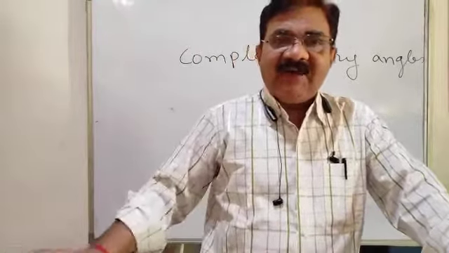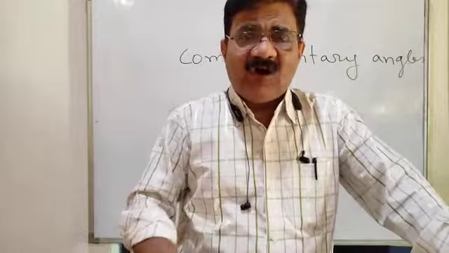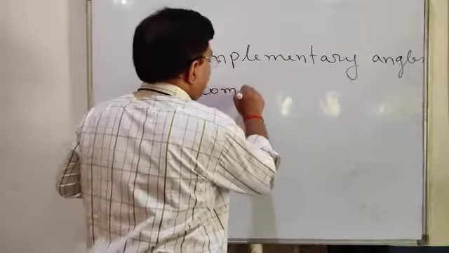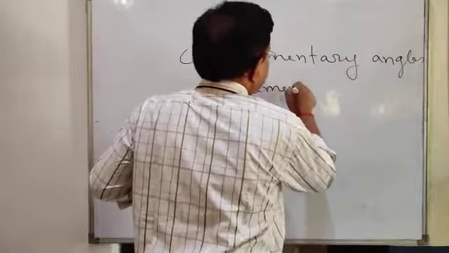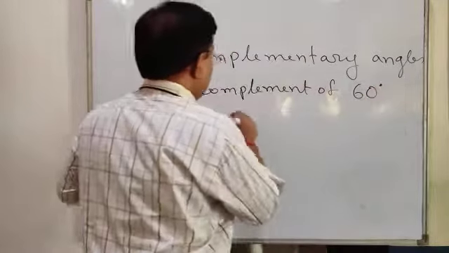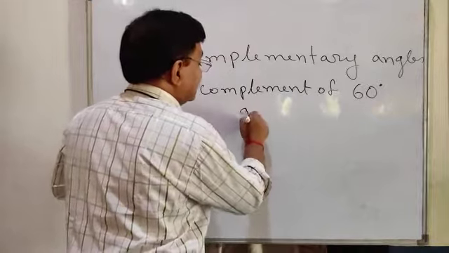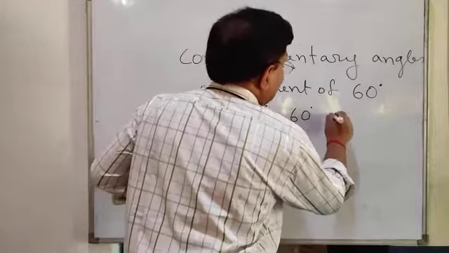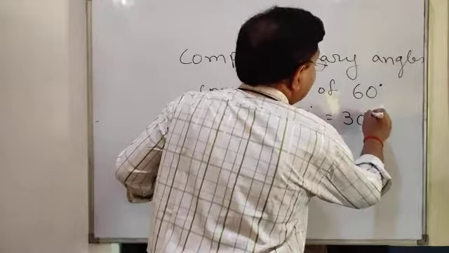If I ask you to find the complement of 60 degrees, just subtract: 90 degrees minus 60 degrees, and it is 30 degrees.